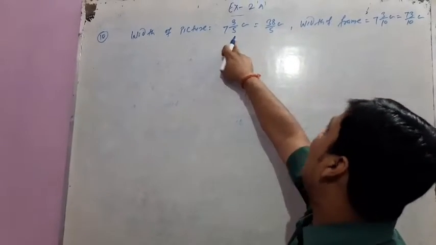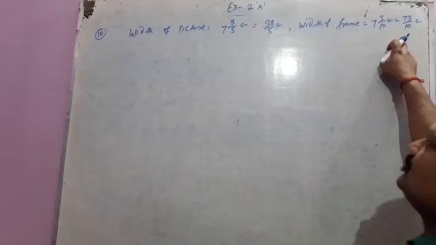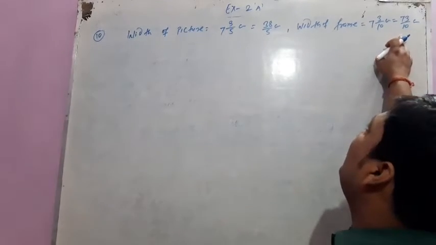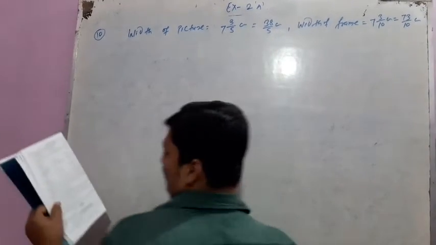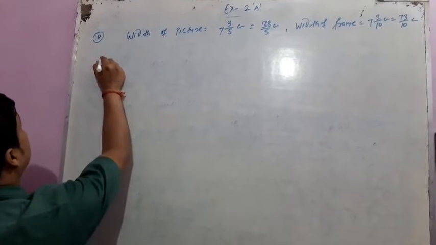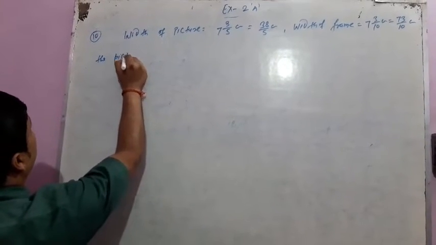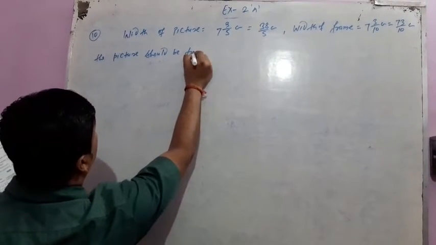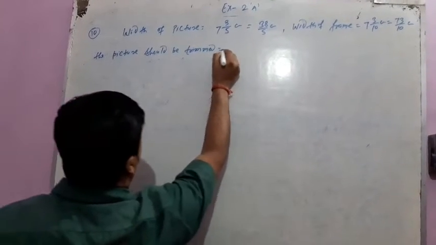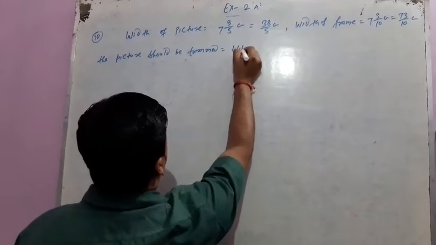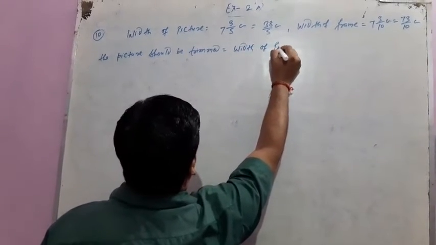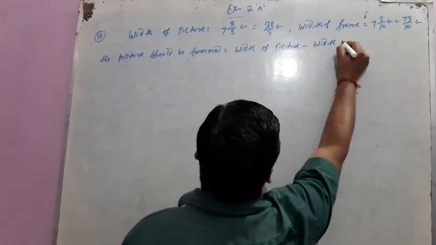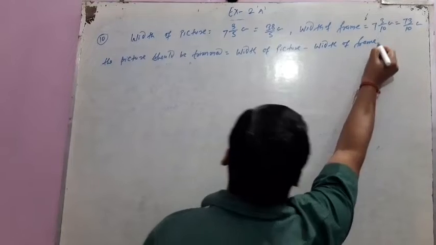Now this is the side of picture and this is the side of frame. So here we have to trim the picture in such a way that it will be well fitted in the frame. So the picture should be trimmed is equal to width of picture minus width of frame.